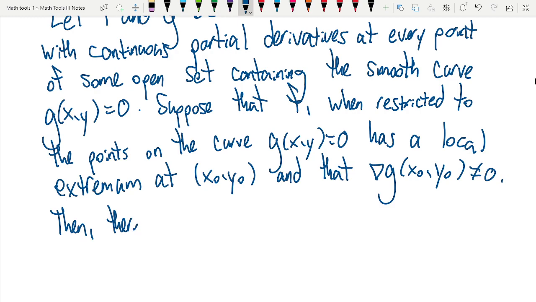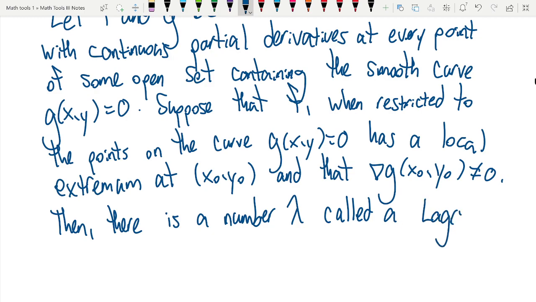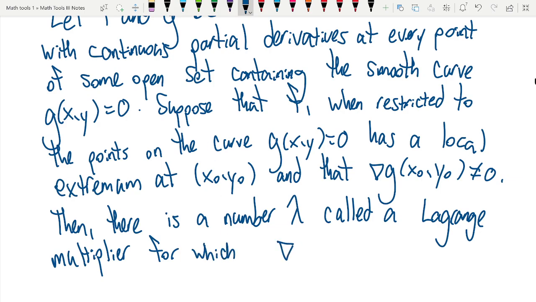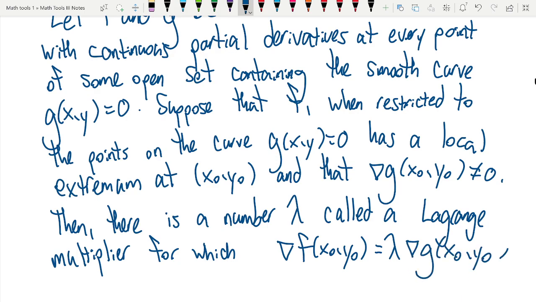Then, in that case, there is a number, which we usually use lambda for, called a Lagrange multiplier, for which the gradient of f at x0, y0 is equal to lambda times the gradient of g at x0, y0.